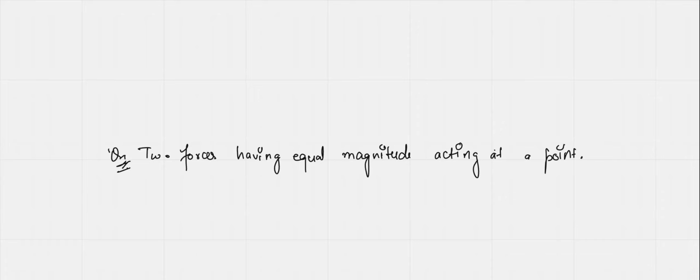Two vectors of the same magnitude act at a point, and the resultant is of the same magnitude as either one.